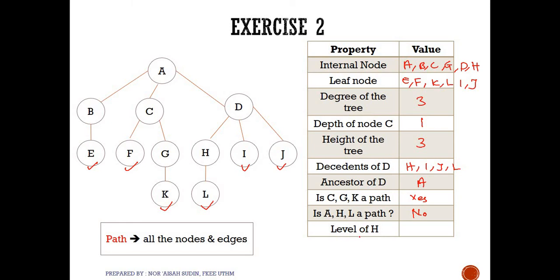What about the level of H? How to determine the level? The level of any node is the length of its path from the root node to that last node.